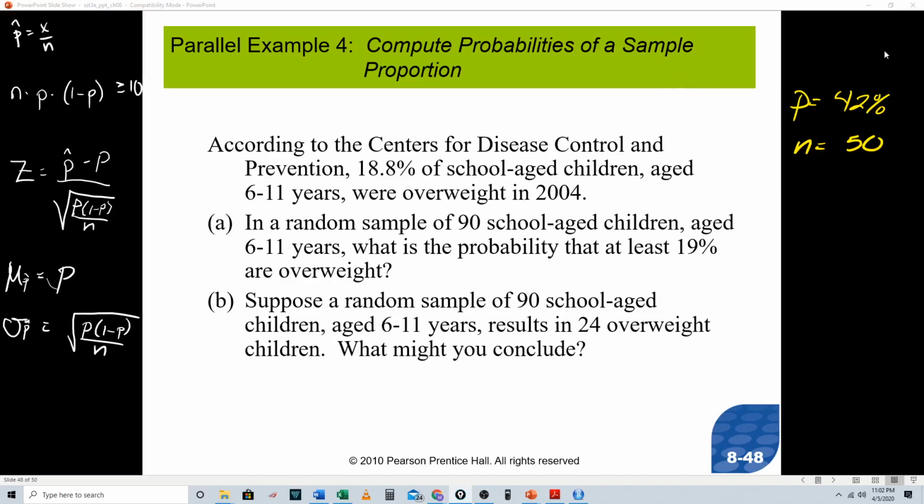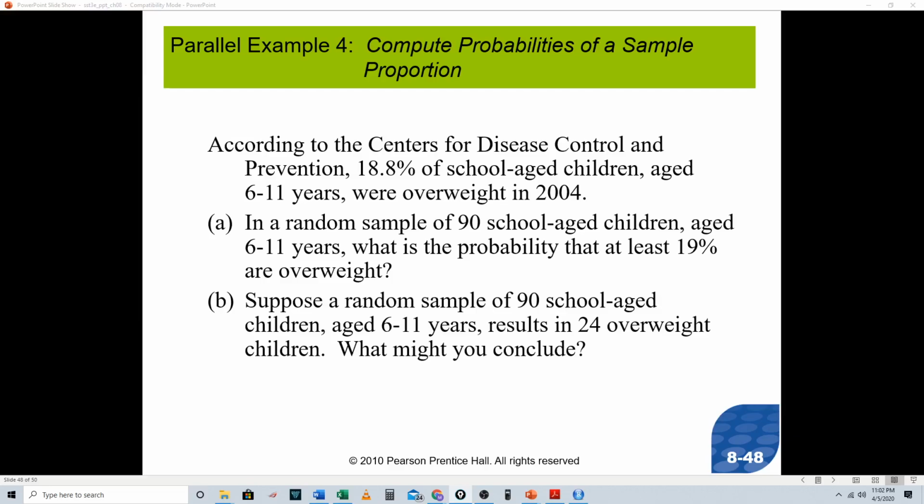Okay, so let's write the important information. Hopefully you have this down. The important information is that p is 18.8%, my p hat is 19%, and n is 90.